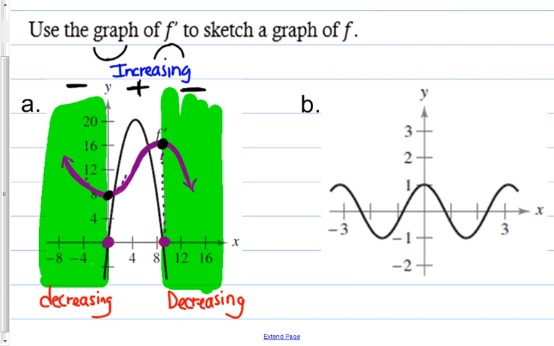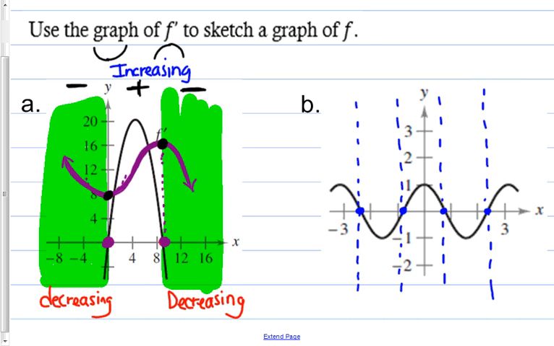Figure out all your places where the derivative equals 0 and go from there. So I made points everywhere that y equals 0. Okay, and then I'm going to go from there by figuring out where is my graph located in those intervals.